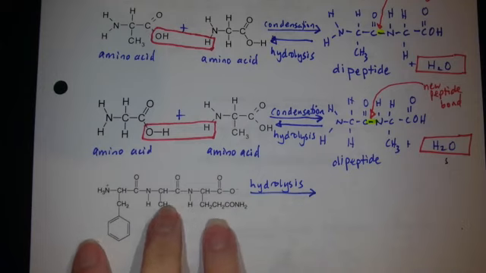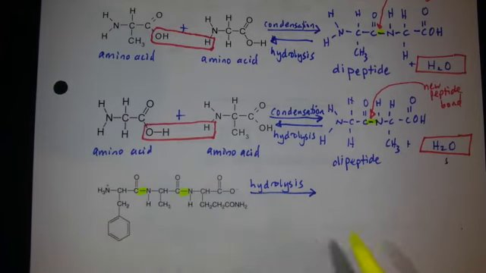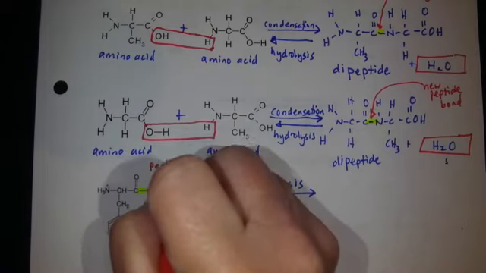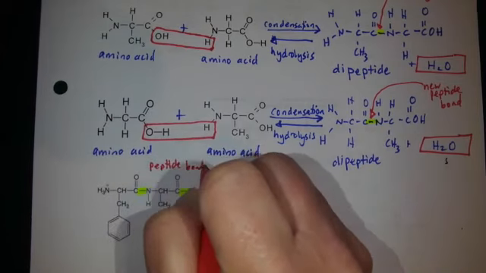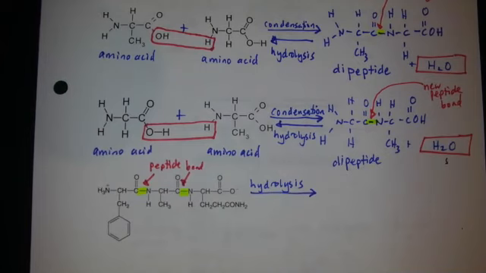It's not 30 or 40 or 50 amino acids. What is it? Let's find the peptide bonds. I see a peptide bond here and I see one here. I see 2 peptide bonds. I'll highlight them for you. 2 peptide bonds indicates that this must have been 3 amino acids that combined.